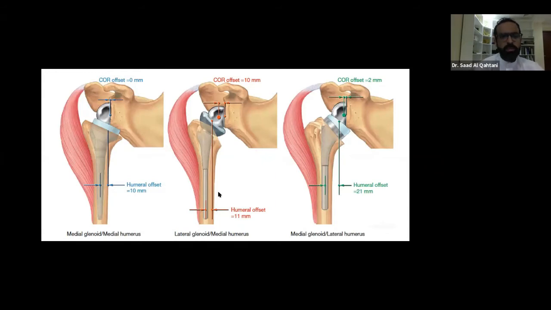The first one is medial glenoid, medial humerus, which is the Grammont. The second is the lateral glenoid and medial humerus, which was first suggested by Frankel. Then we have the medial glenoid and lateral humerus, which is where most of the new implants fall. And lately we have a lateral glenoid and a lateral humerus.